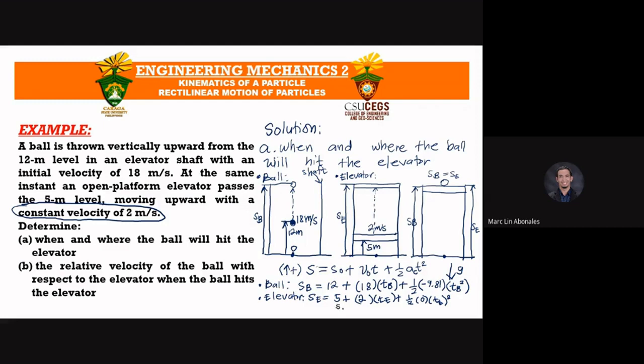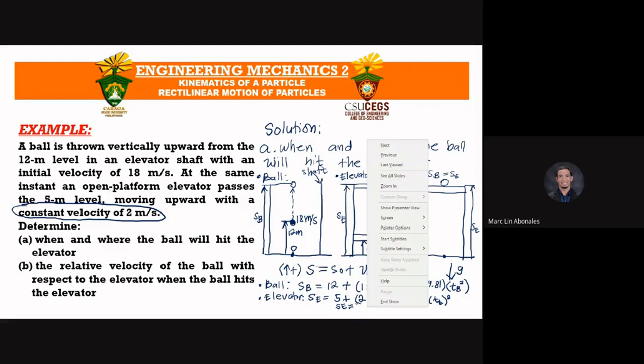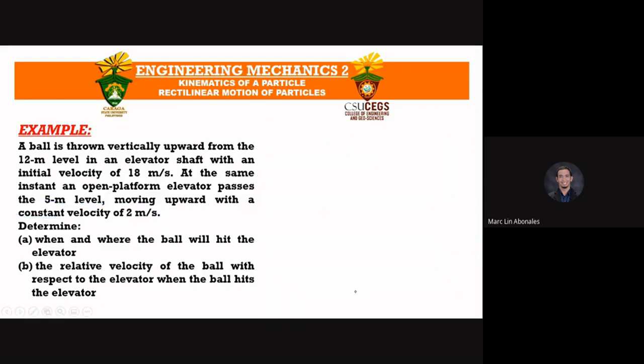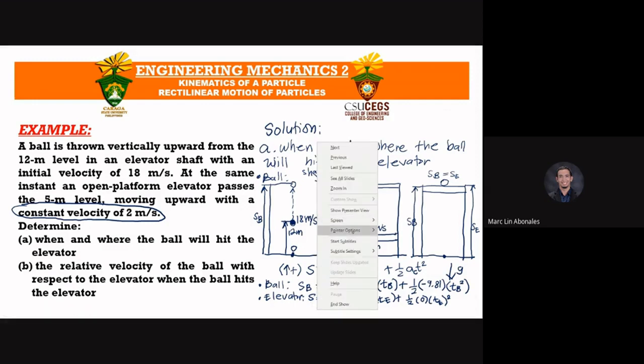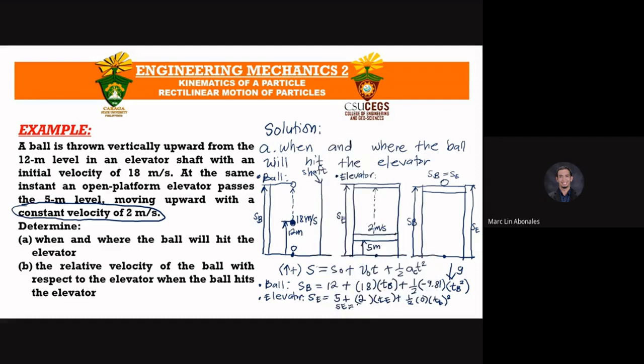So therefore, the equation sa imong final position sa imong elevator would be equal to 5 plus 2TE.